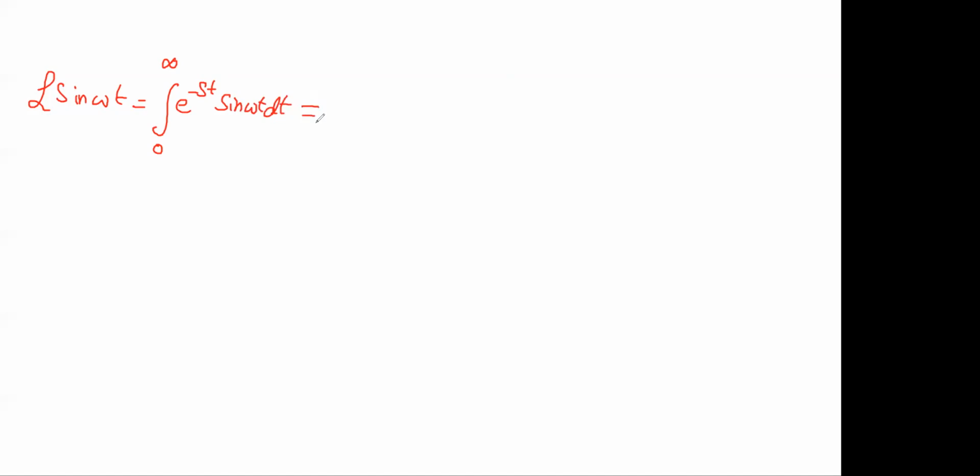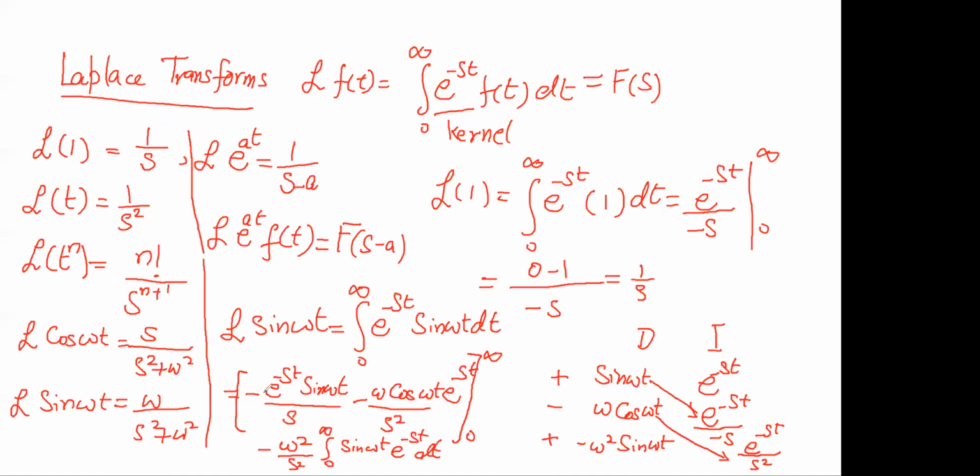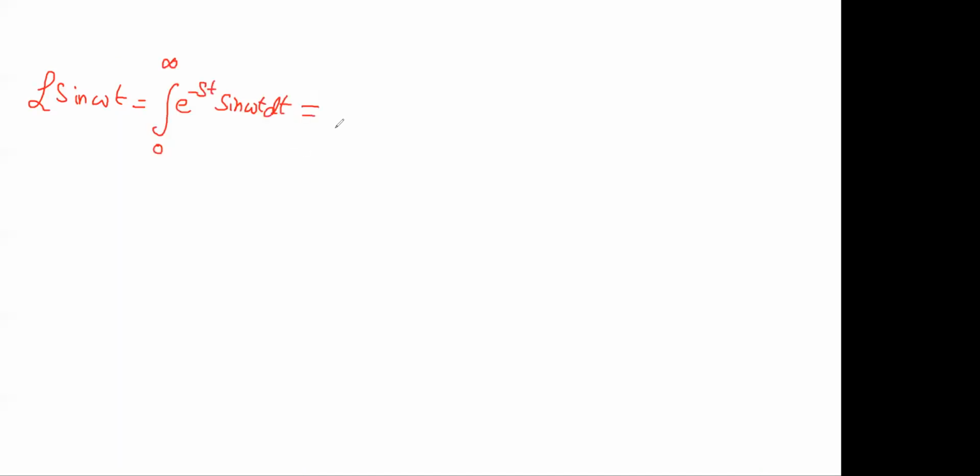And now we have found that from this previous one we got a value of omega over s square. Okay, omega over s square. So this is omega over s square we got.